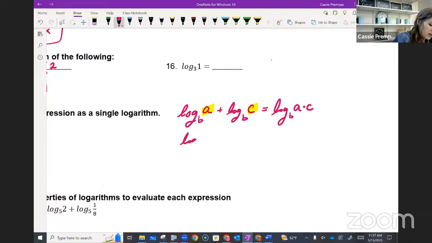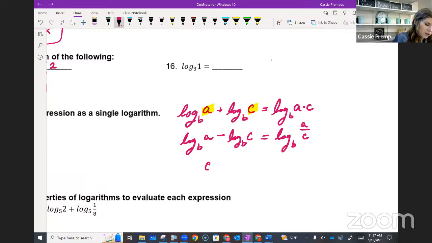What if instead it was log base b of a minus log base b of c? How do you bring those together? Divide. Good. So it'd be log base b of a divided by c. And then there was one more.